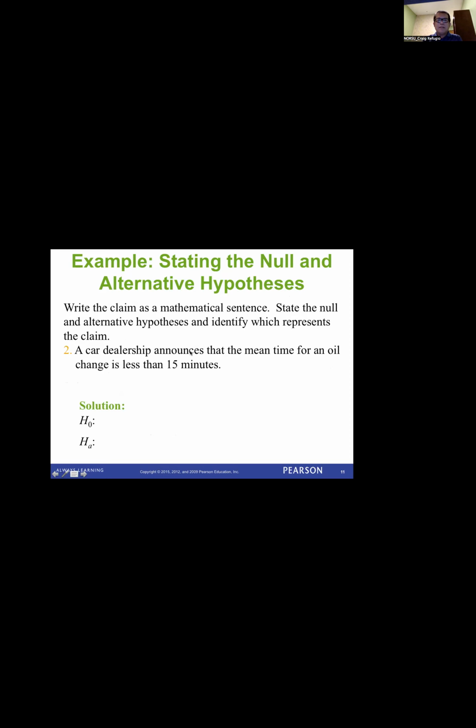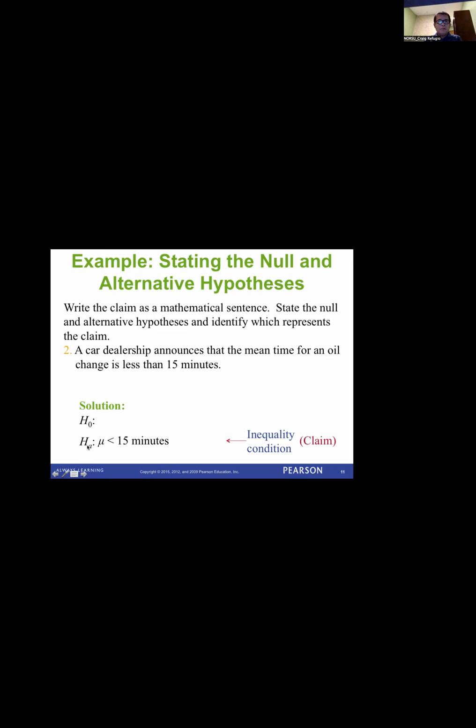That is stated here, less than 15 minutes. So it represents what? HA, the alternative hypothesis.